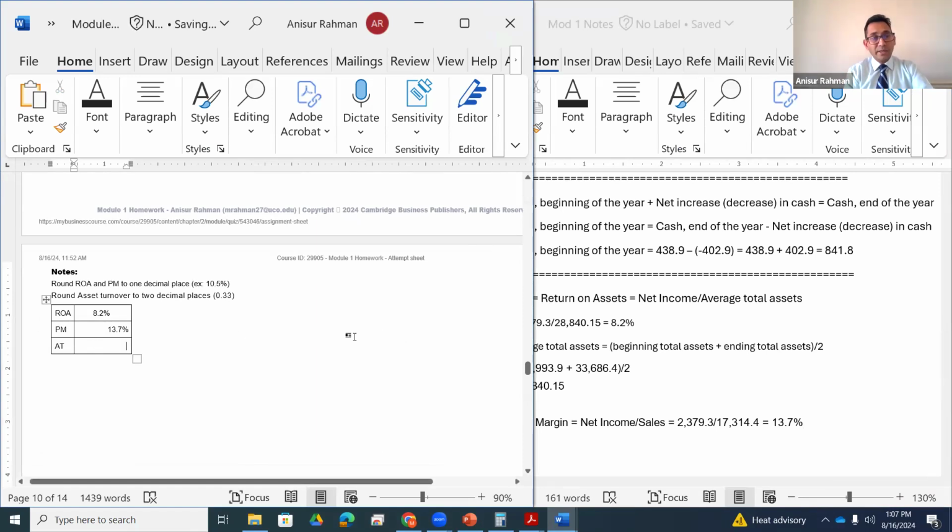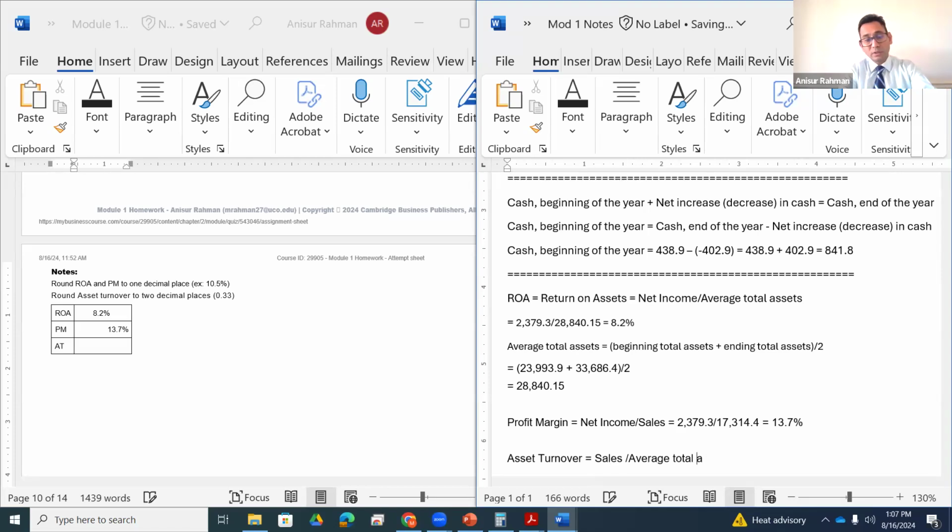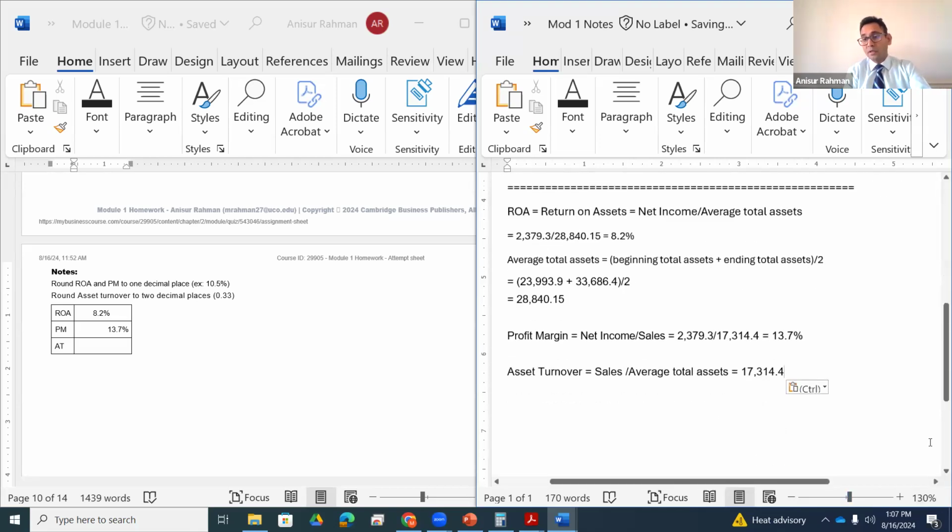Next is asset turnover. Asset turnover is equal to your sales divided by average total assets. So your sales, 17,340.4 divided by average total assets.